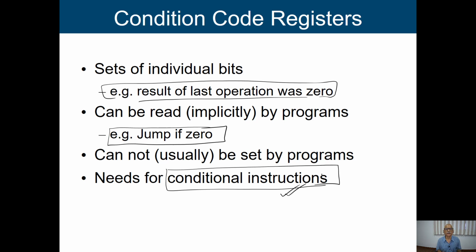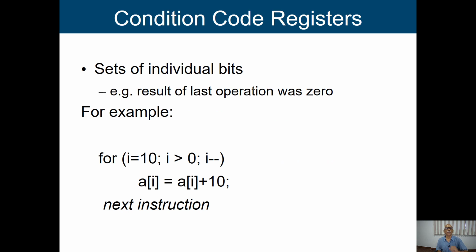Now you just see what we are talking about: jump if 0, result of last operation is 0, all those things. Depending on those, we are going to have those condition code registers. It says sets of individual bits, and for example, it is coming from the previous slide, result of last operation was 0.